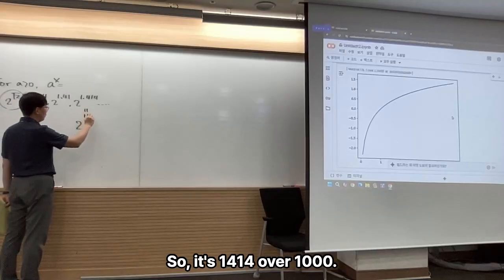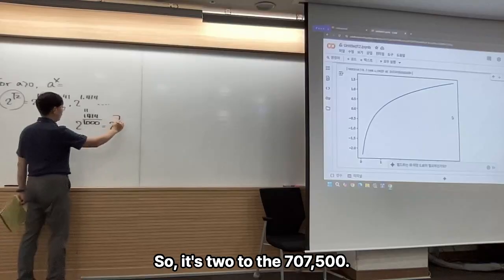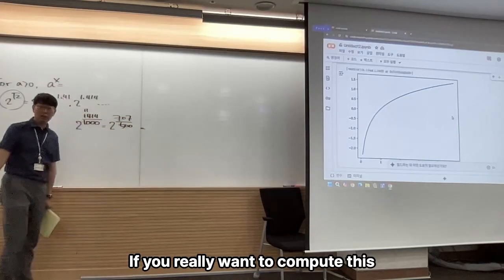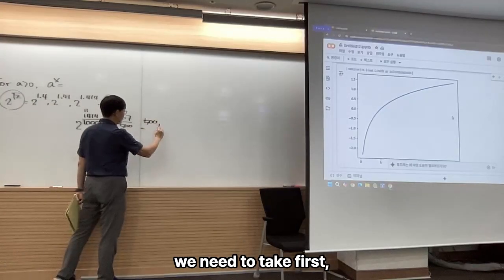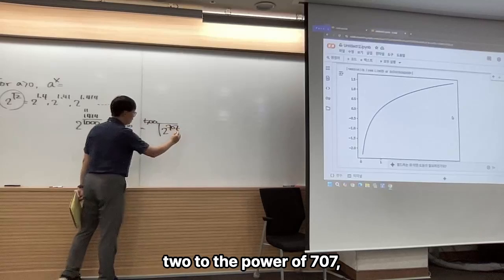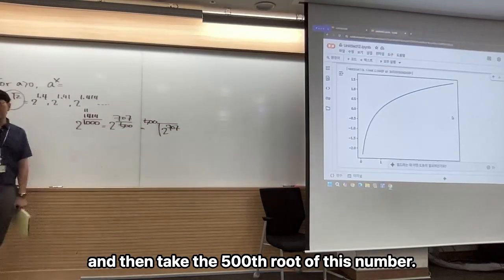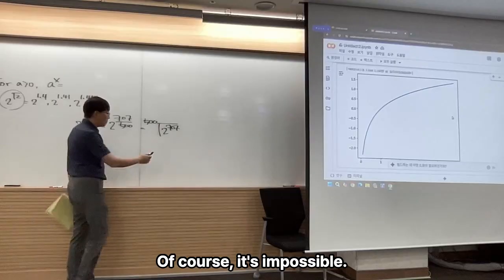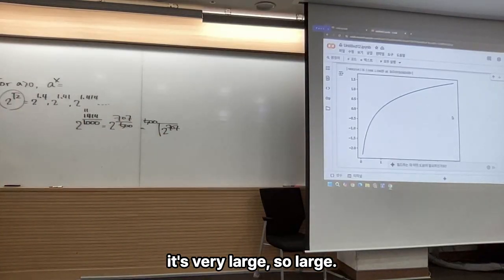So it's 1414 over 1,000. So it's 2 to the power of 707 over 500. If you really want to compute this using just arithmetic operations, you need to take first 2 to the power of 707, and then take the 500th root of this number. It's very inconvenient and inefficient. Of course, it's impossible. If you take 2 to the power of 707, it's so large.